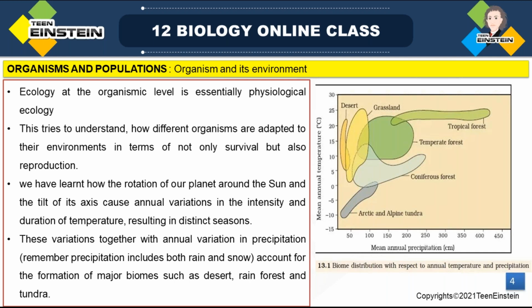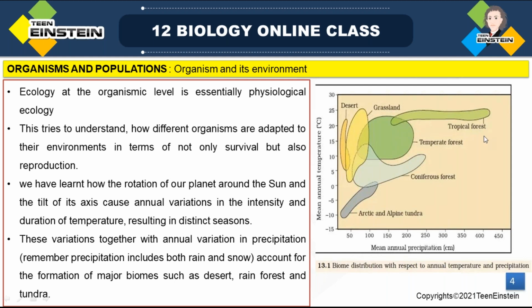Tropical forest shows the maximum range of annual precipitation. Maximum temperature range is shown in grassland. See here, this is a wide range, right?